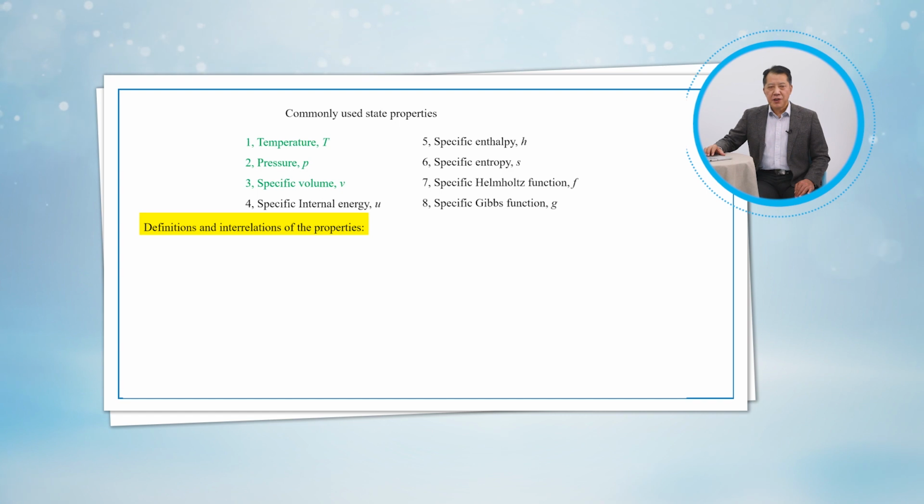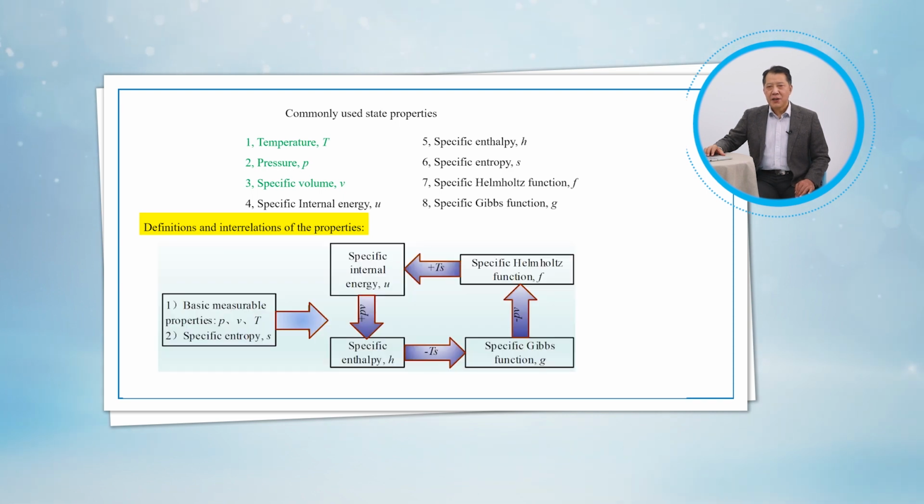The interrelations are shown in figure 1-6. You can start with internal energy u going anti-clockwise as shown here, then h, g, f, and end with u. You can also start with internal energy u going clockwise, then f, g, h, and end with u.